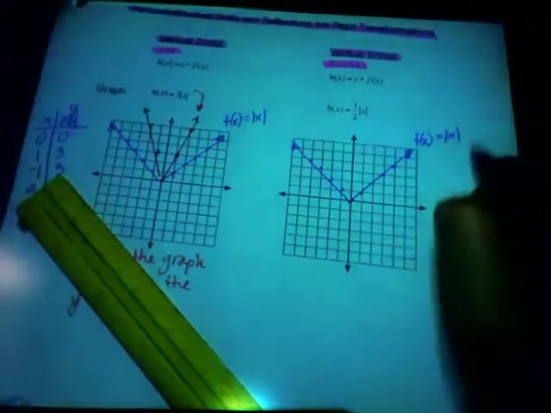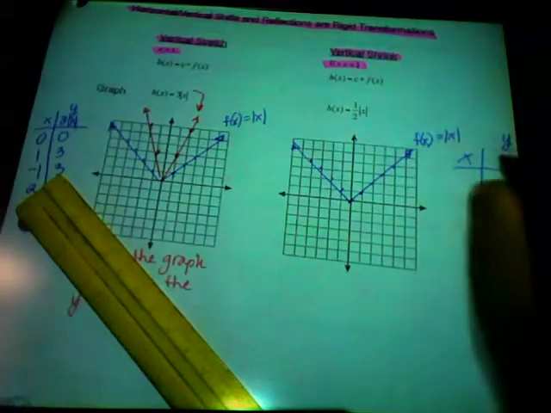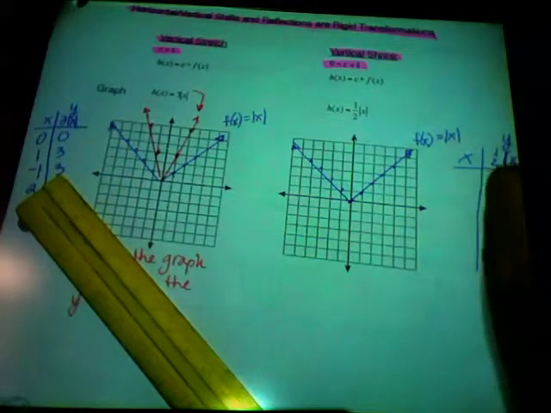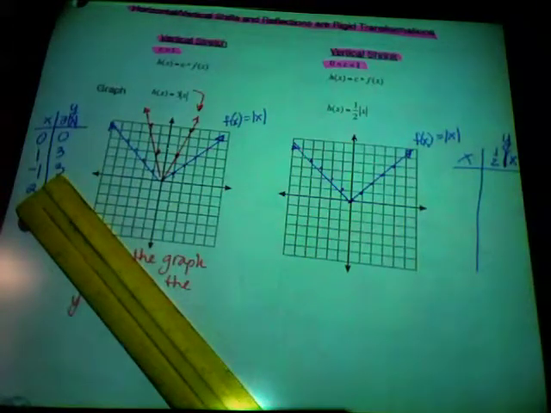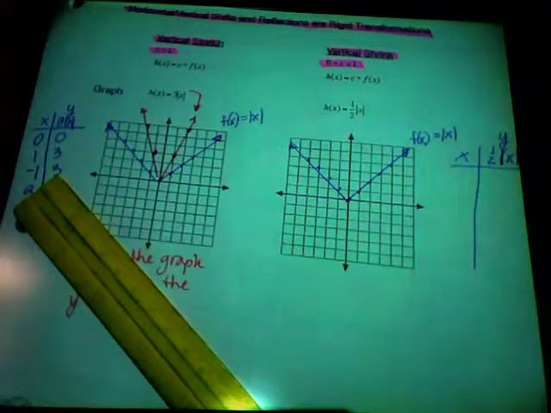And so over here to the right, we're going to do our table of values. Now I'm only going to choose values that can be divided by 2.